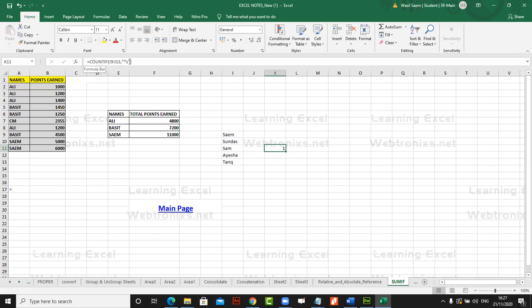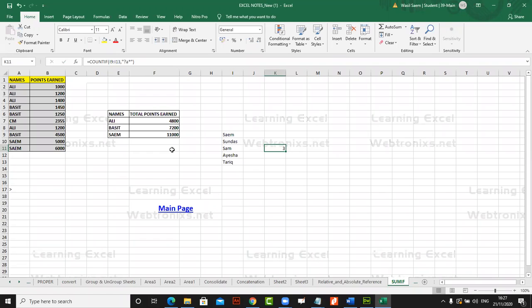So if I want to find all those names that have A as a second character, I repeat again, I want to find all those names that have A as a second character. Question mark means any character could appear, not my concern. A should be the second character, and after A there could be any number of characters.